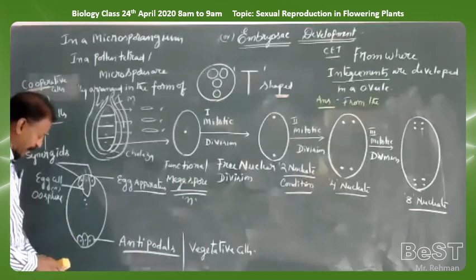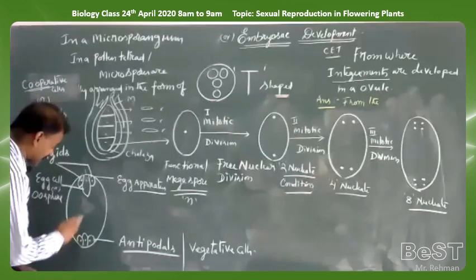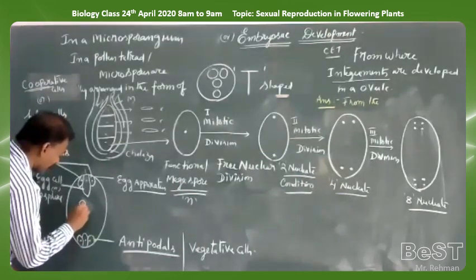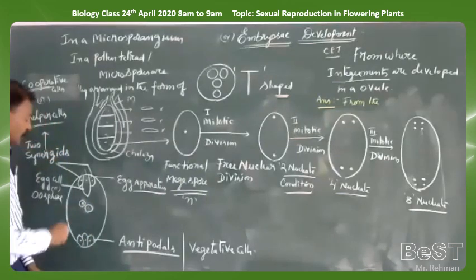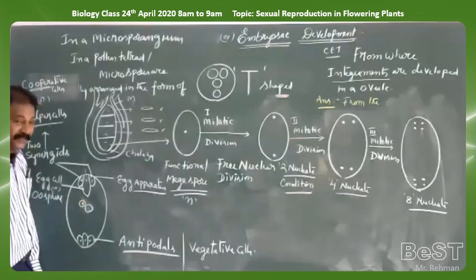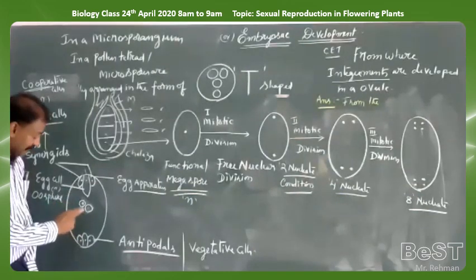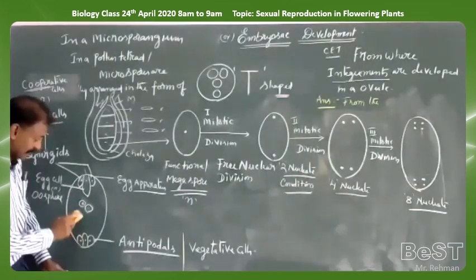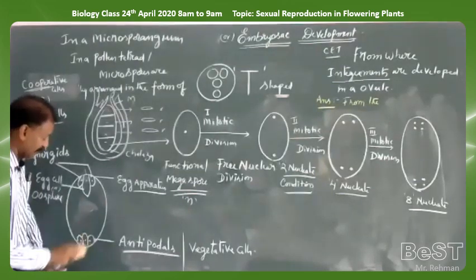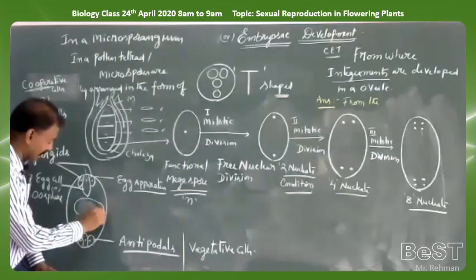In the central part, the 2 nuclei are organized as polar nuclei, and gradually they fuse together to form a large central cell.